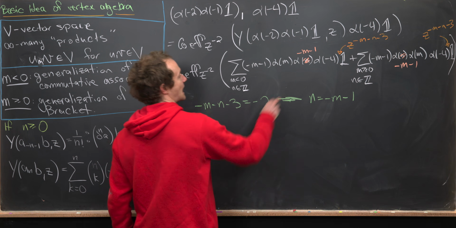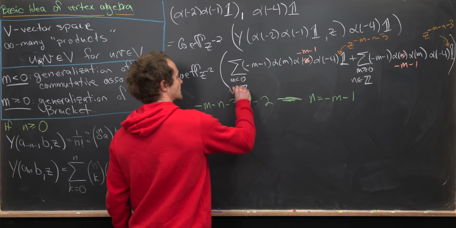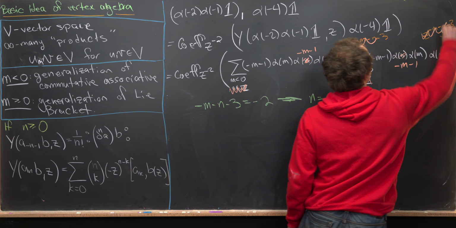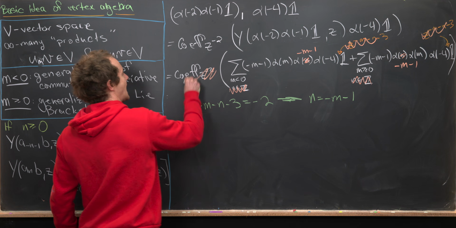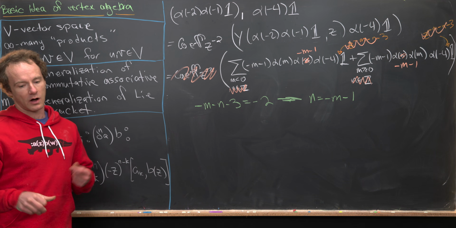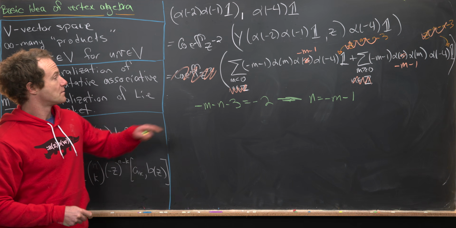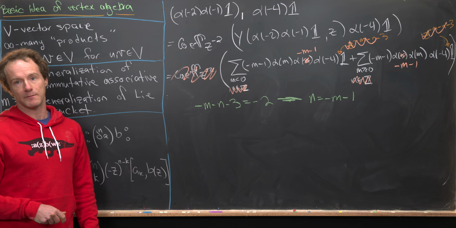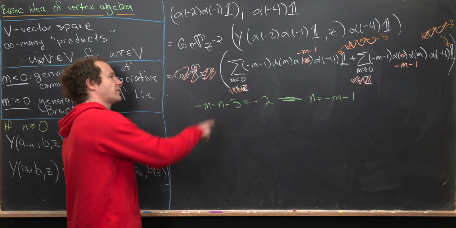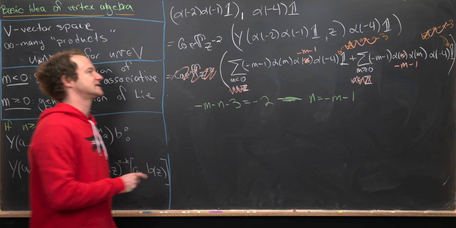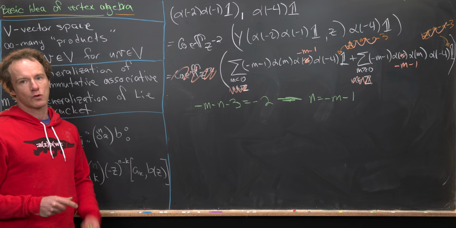Good. And then after doing that, we can get rid of our sum over the integers. We can get rid of our formal variable z and taking the coefficient, because we've essentially done that all in that step. Now, we want to notice here we're summing over all of the negative values of m. So if we plug in m equals minus 1, we'll get a 0 here. m equals minus 2, we'll get a 1 there, so on and so forth.